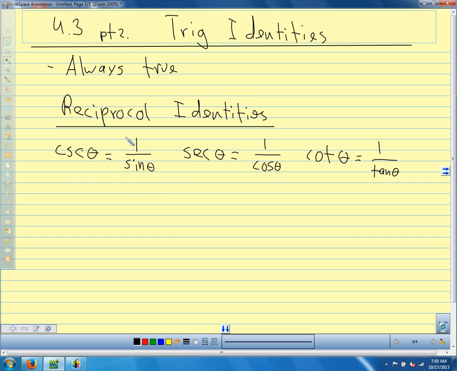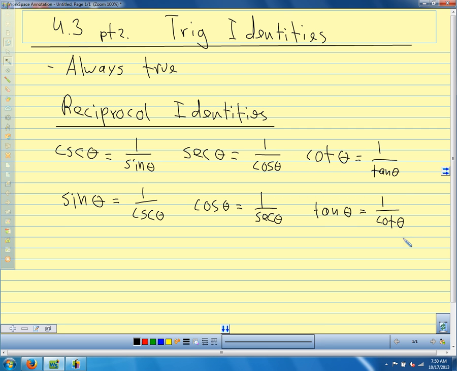If I take the reciprocal of this, then I turn this over. So I end up with sine theta is 1 over cosecant theta. Cosine theta is 1 over secant theta. And tangent theta is 1 over cotangent theta.